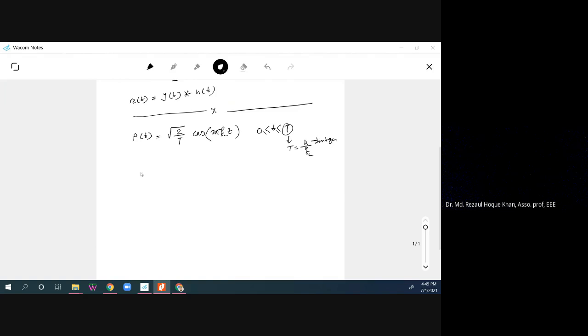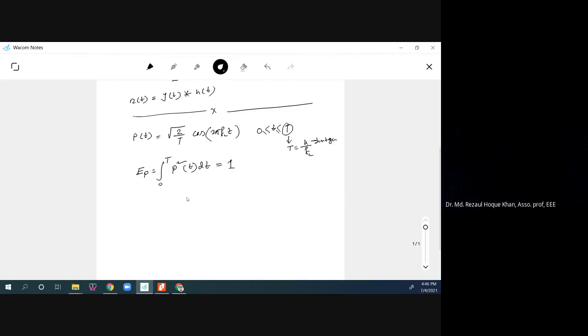This is the same as we did in our previous cases. Also in BPSK we have seen that the energy of the pulse is the integral from 0 to T, where T is the total pulse duration, of p squared t dt, which was 1, the normalized energy of the pulse.